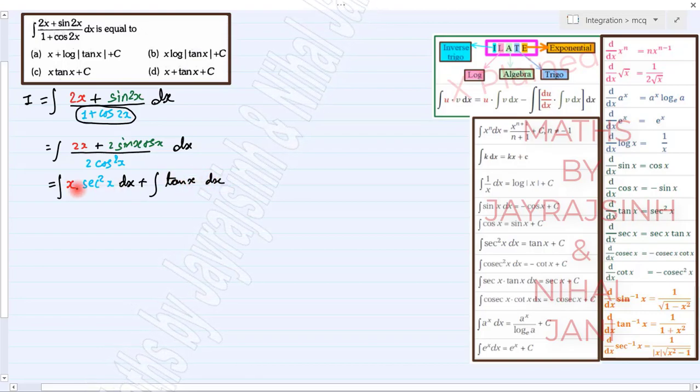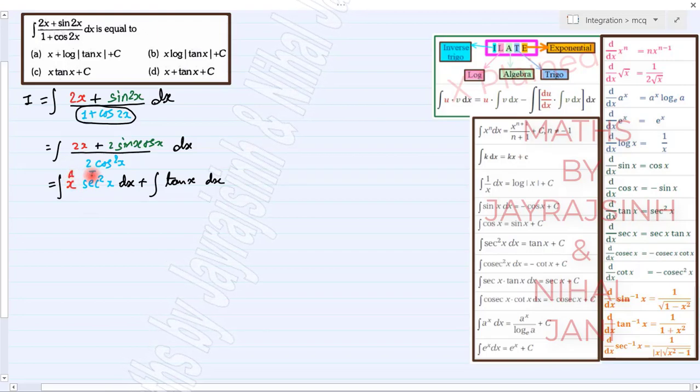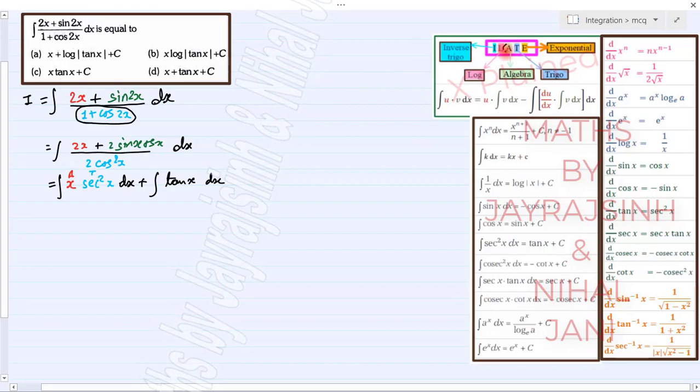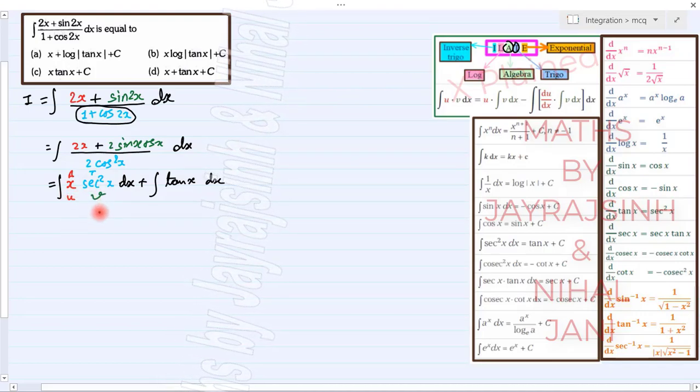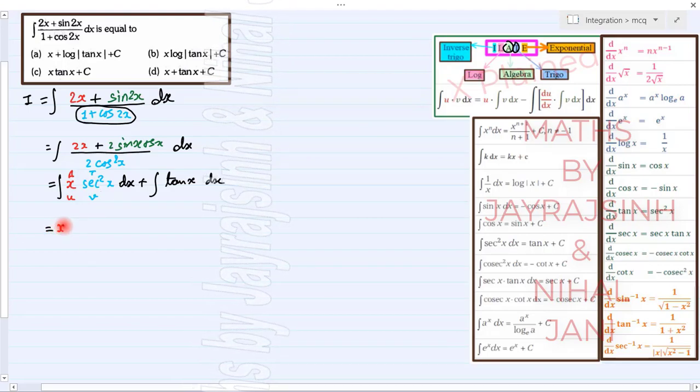In the first integration, we have an algebraic term into a trigonometric term. If we go from the left hand side, algebra comes first and trigonometry later on. So your x will be considered as u and sec square x will be v. Let's try to apply the formula. In the first term, your x will be as it is.